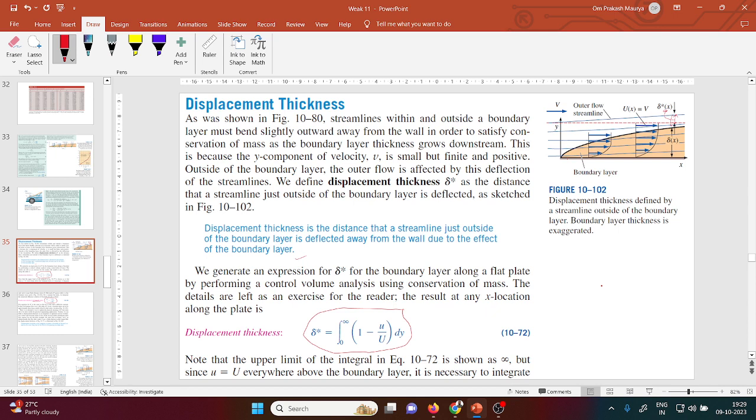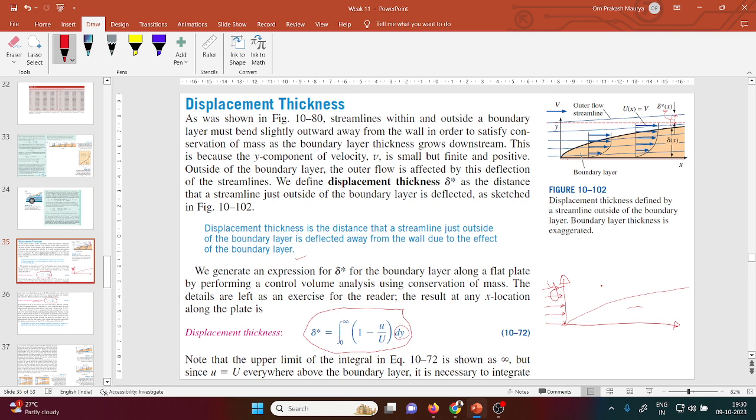Here it is dy because you are looking at things in the y direction. This is your boundary layer. Suppose the streamline was like that. If the boundary layer is not here, the streamline will go straight.